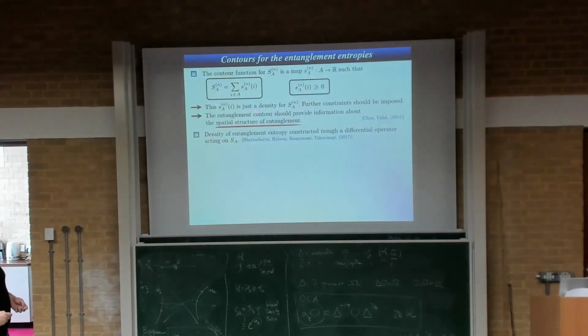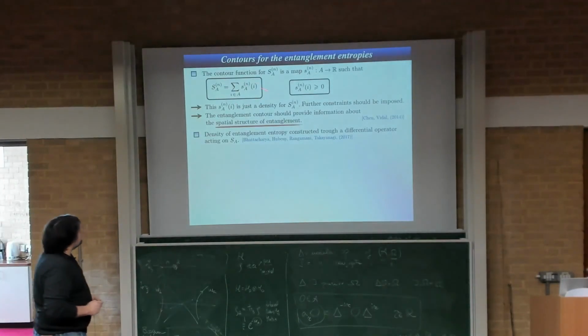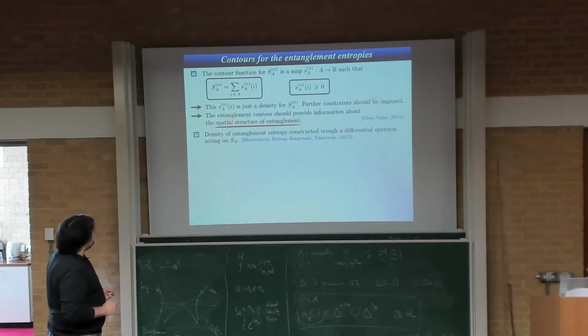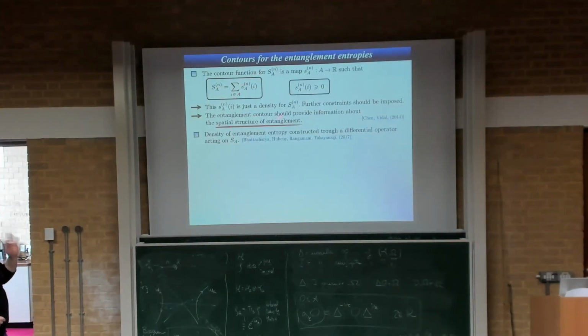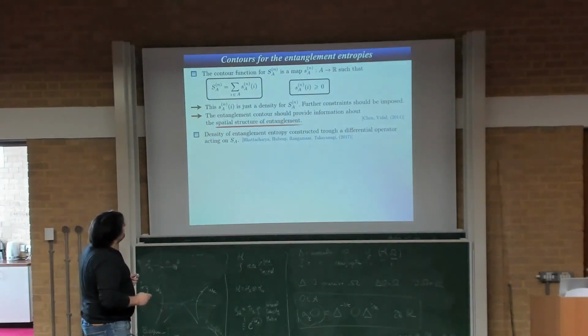So one thing is to introduce what is called, by Chen and Vidal, the contour. They define some properties, but in the end they want to capture the spatial structure of entanglement.